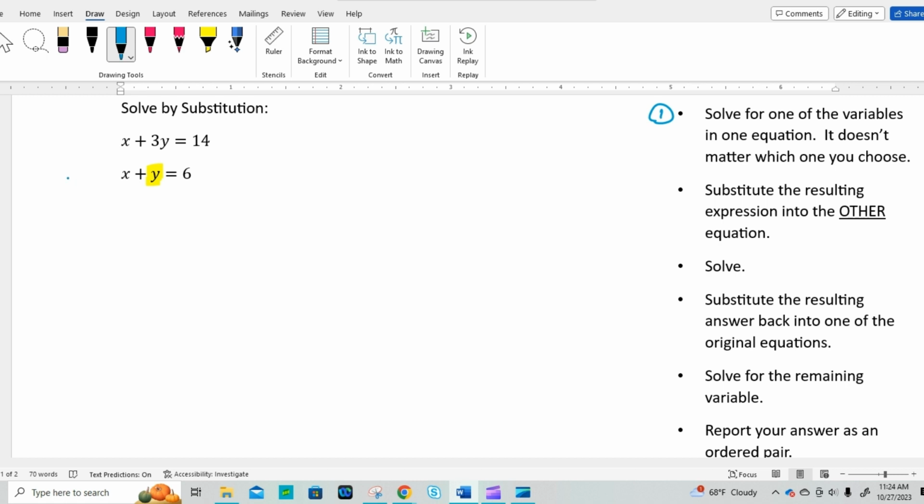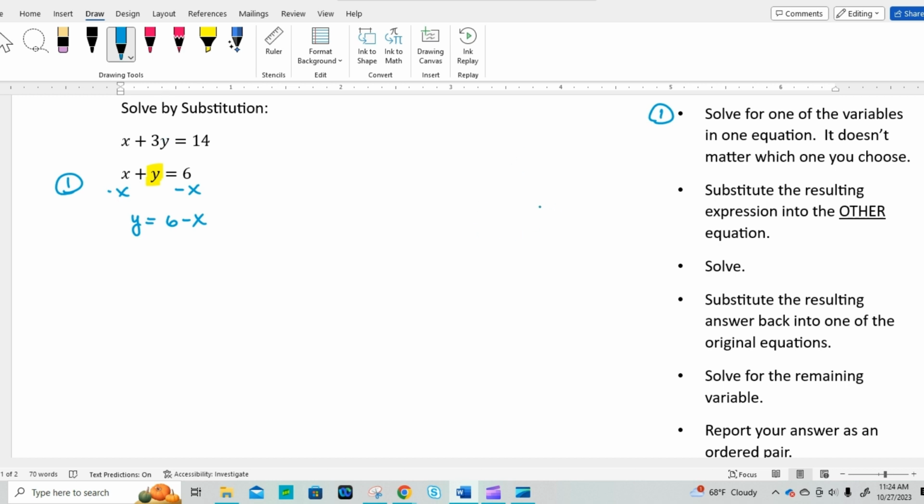So that's going to be my step 1. I will subtract x from both sides, and I get y is equal to 6 minus x. Or you could certainly say negative x plus 6. Okay, so that's first step done.